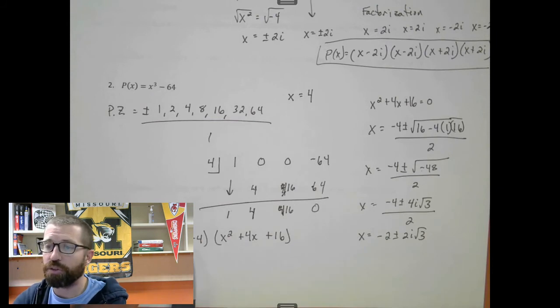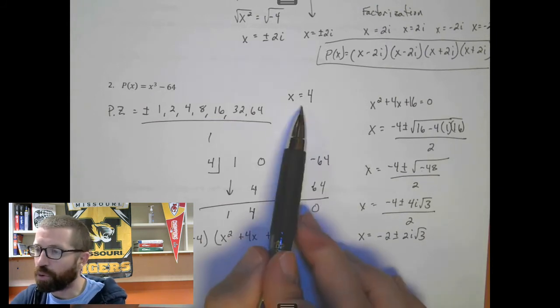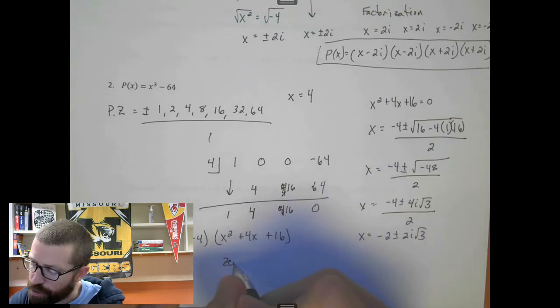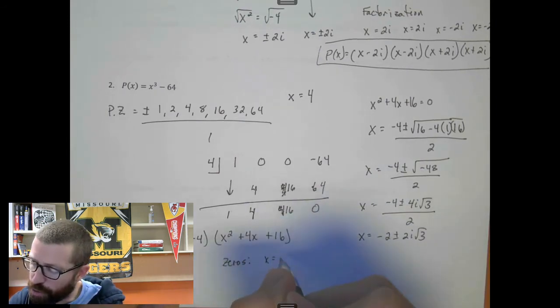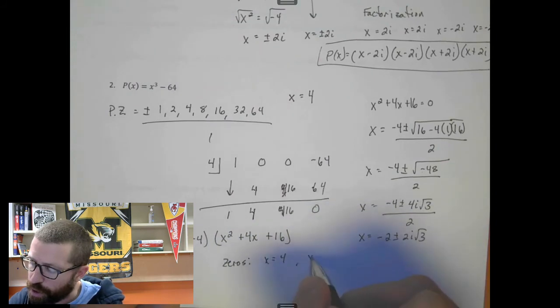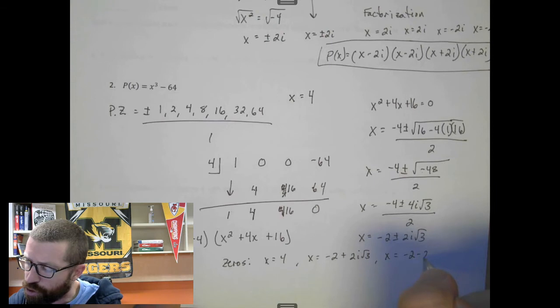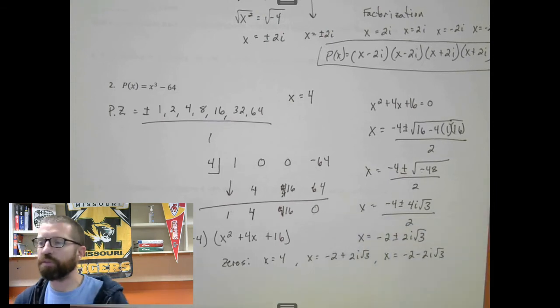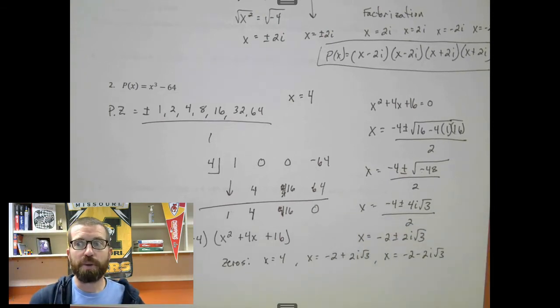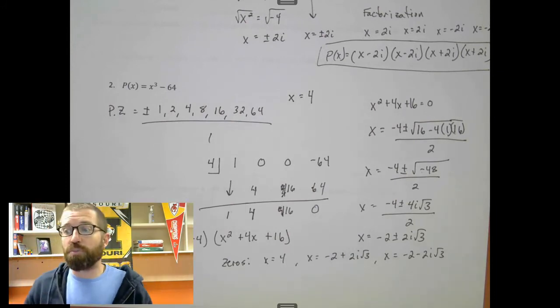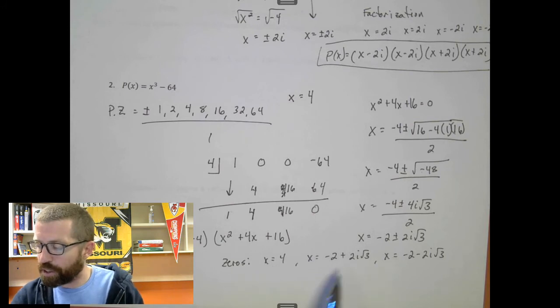Okay, so these are zeros. X equals 4 is a 0, and let's write them out. X equals 4. X equals negative 2 plus 2i square root of 3. And x equals negative 2 minus 2i square root of 3. So we found all our zeros. Now we're going to go back to this simple idea, but very complex, of finding the factors from that, which is just move each of these to the other side.